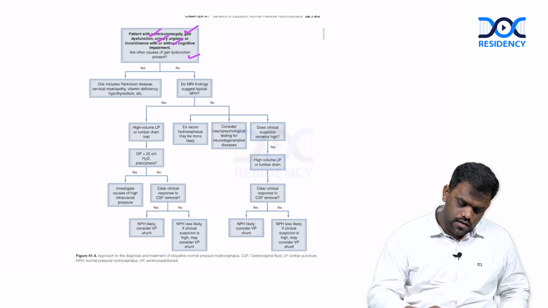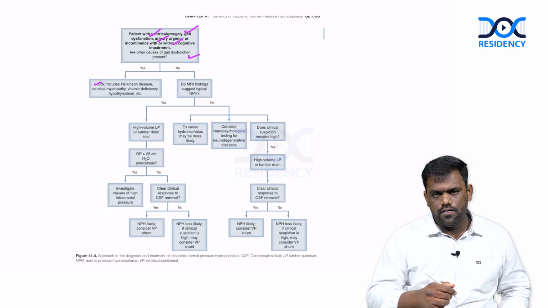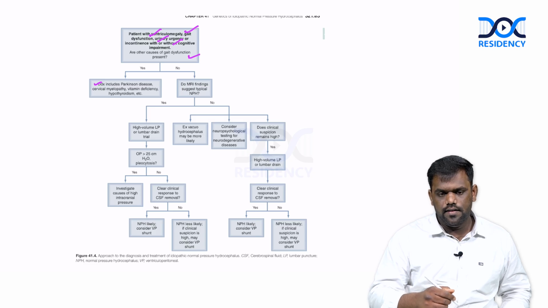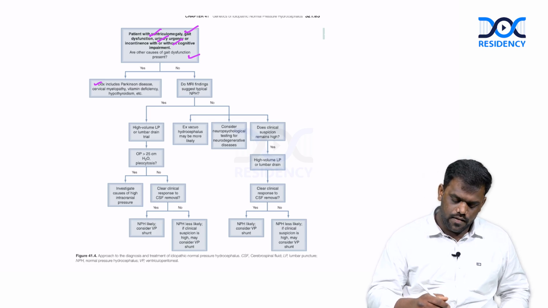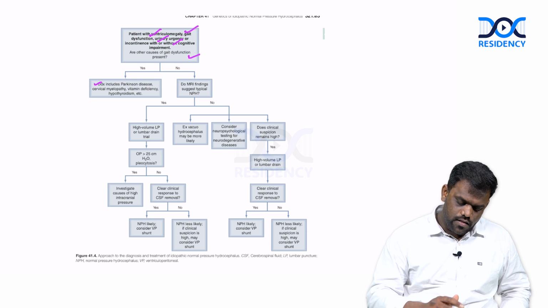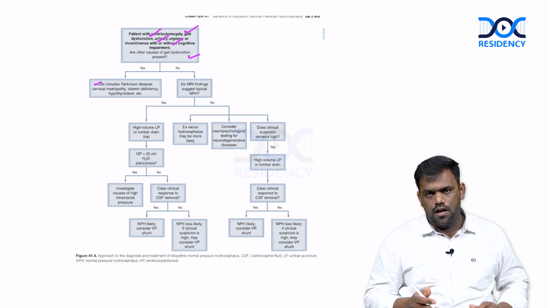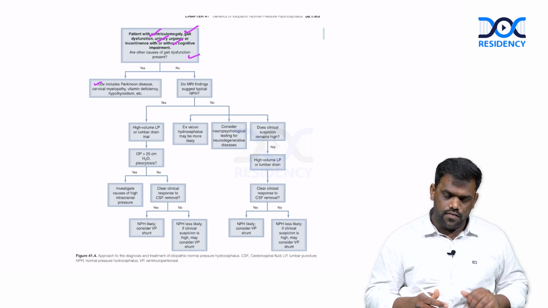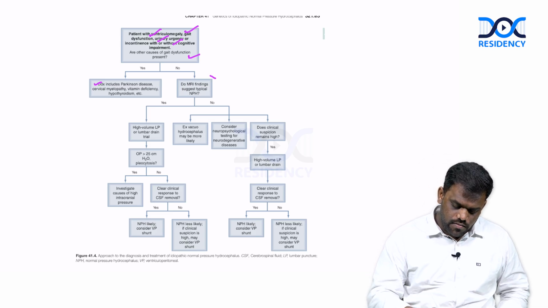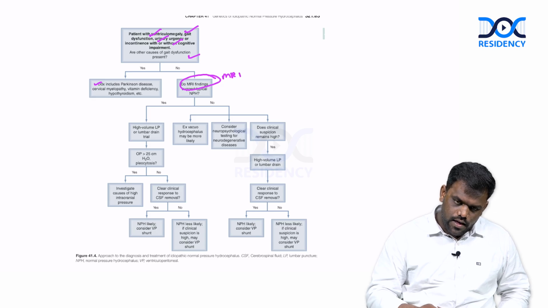If present, you have to rule out differential diagnoses like Parkinson's disease, cervical myelopathy, vitamin deficiency or hypothyroidism. If other causes are not found, you have to do an MRI, to see whether the findings are suggestive of NPH or not.